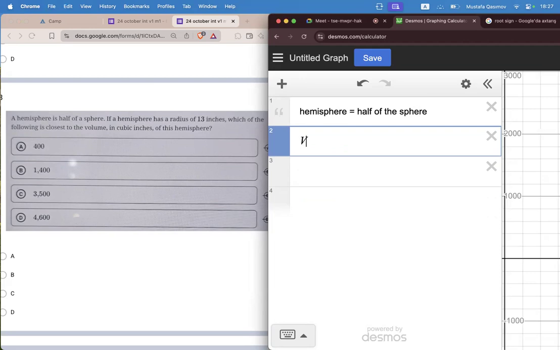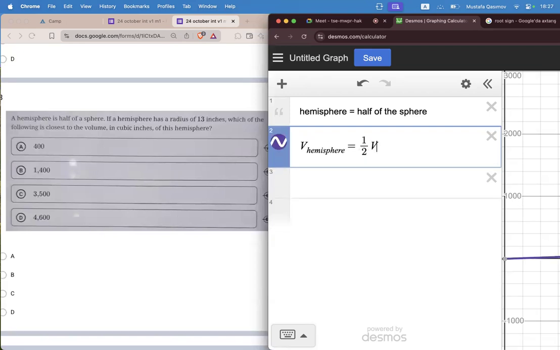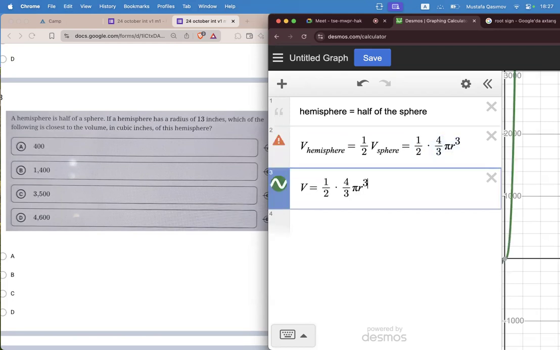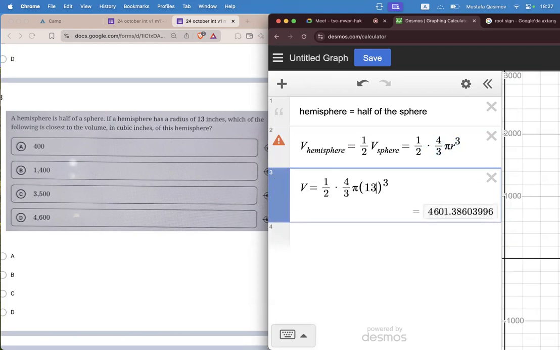So the volume of a hemisphere is equal to half the volume of a sphere, and it is equal to 1 over 2 multiplied by 4 over 3 pi r cubed, like that. Then we can write it like this. Volume is equal to this one, but instead of radius, we have to write 13. So answer is D.